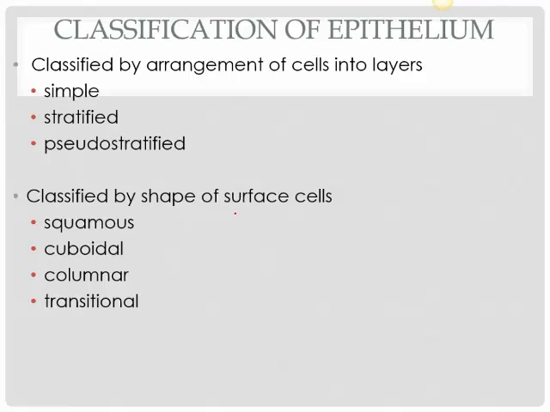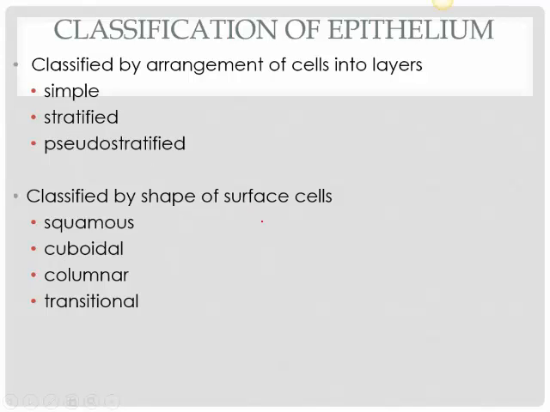Now here, classification of epithelium. Wherever you have classification of anything, it's really important you know how that tissue is classified. Here, epithelium is classified based on two criteria. One is how many layers are present in the epithelium, and second is the shape of the surface cells.